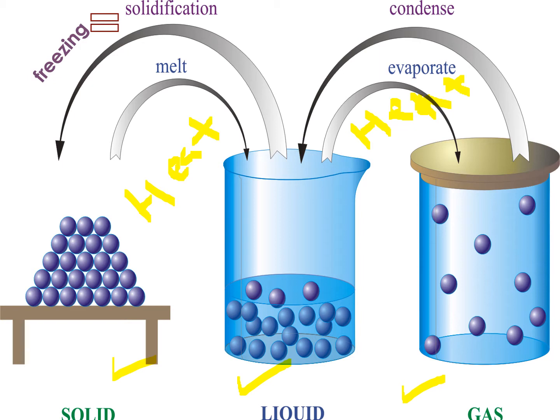So if I asked you what is evaporation, you will say changing from liquid state to gas state by heat. Also, if I want to make another process to change from gas to liquid, I will use heat. No, I will use the cold way. So we call it condensation.